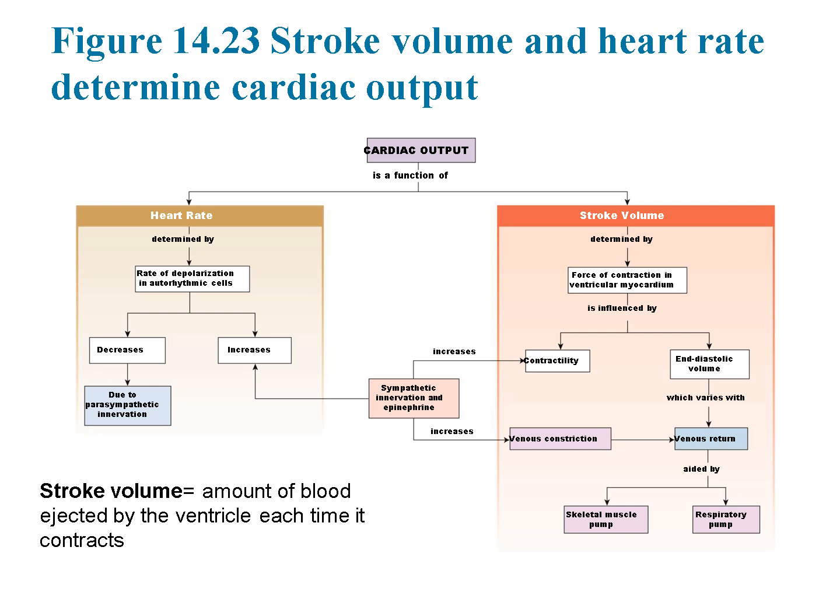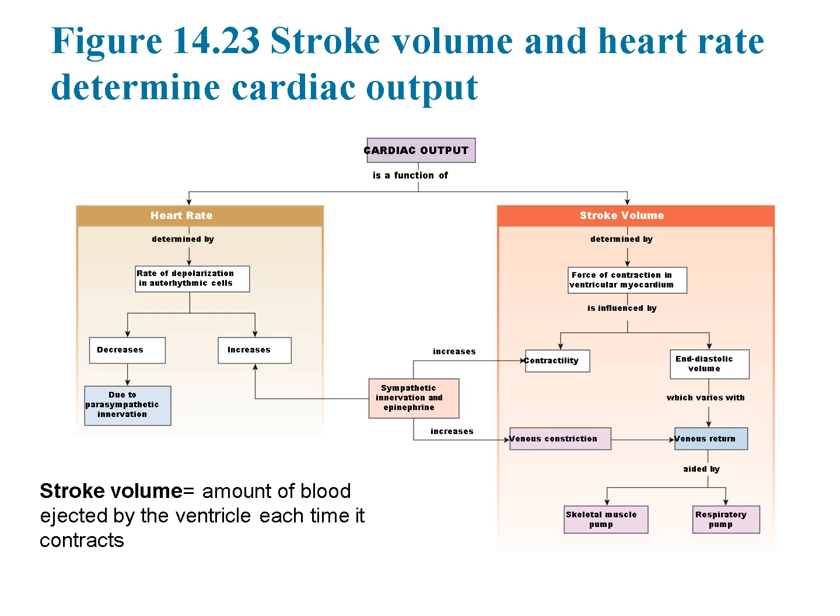Stroke volume refers to the amount of blood ejected by the ventricles with each contraction and is determined by the force of contraction in the ventricular myocardia. This force is influenced by contractility, which is enhanced by sympathetic stimulation and epinephrine, and by end diastolic volume, the amount of blood in the ventricles before contraction.